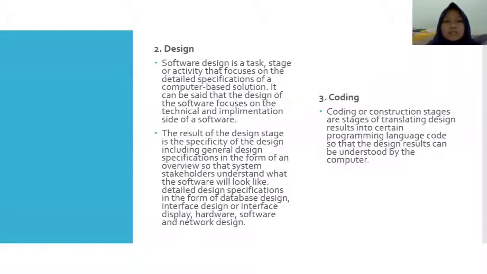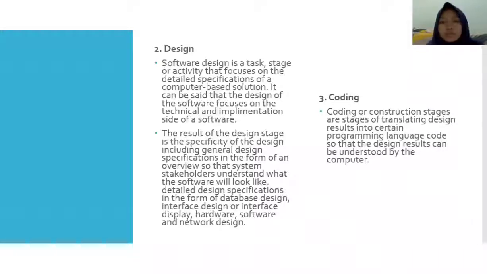Number two is design. Software design is a task, stage, or activity that focuses on the detailed specification of a computer-based solution. It can be said that the design of the software focuses on the technical and implementation side of a software.